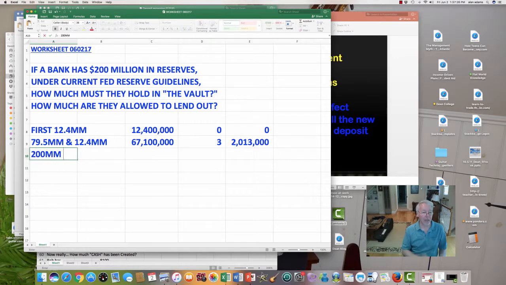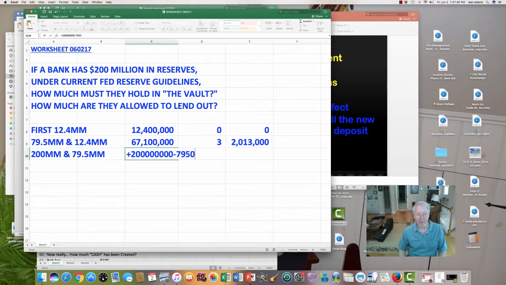Then the final amount will be 200 million. That's how much the bank has, and the difference between that and the 79.5 million that we've already accounted for. Minus 79.5, that's going to be $120,500,000. We are going to hold back 10% of that amount. So how much must they have in their vault?